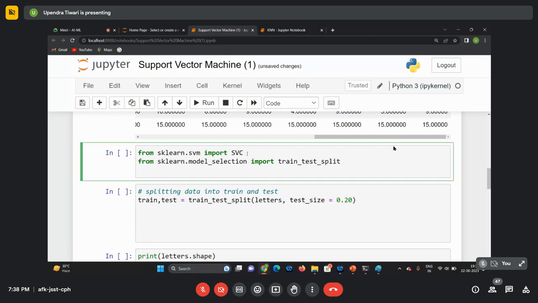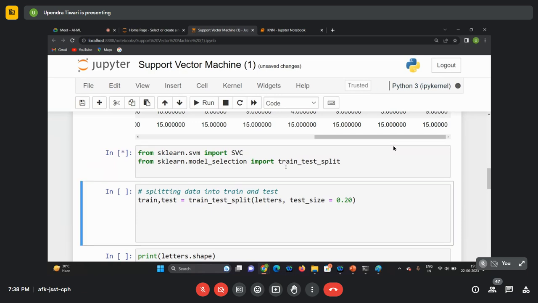Since you have to perform classification, from sklearn.svm you are taking SVC, the support vector classifier, and you're importing train test split. Then you split your data into train and test.